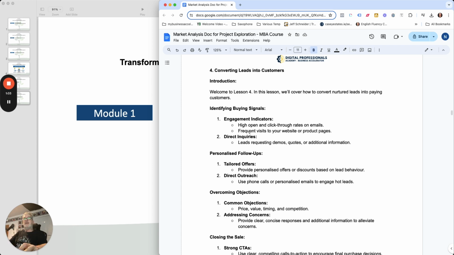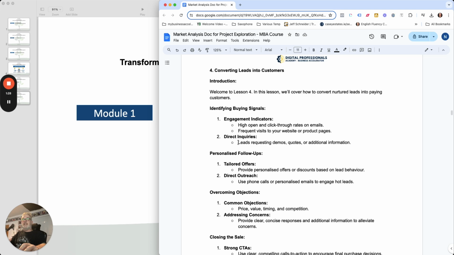So we can look at engagement indicators. We can look at high open and click-through rates on emails, for example. If we have people in our database, we can see the ones who are kind of hyperactive, who are responding, who are reading, who are opening all of our emails, who are clicking on the links in the emails, and that's an indication of a higher degree of interest. Frequent visits to our websites and product pages, this is also an indicator.